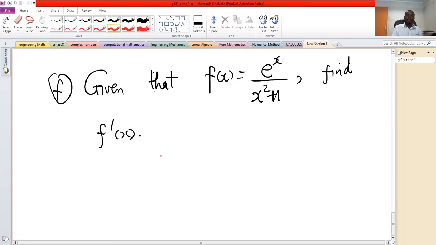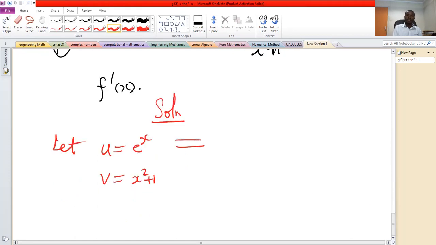So solution is still application of quotient rule. So let u be the numerator, v be the denominator. So by that, that tells us that u prime is e raised power x and v prime is 2x, not 2 power.